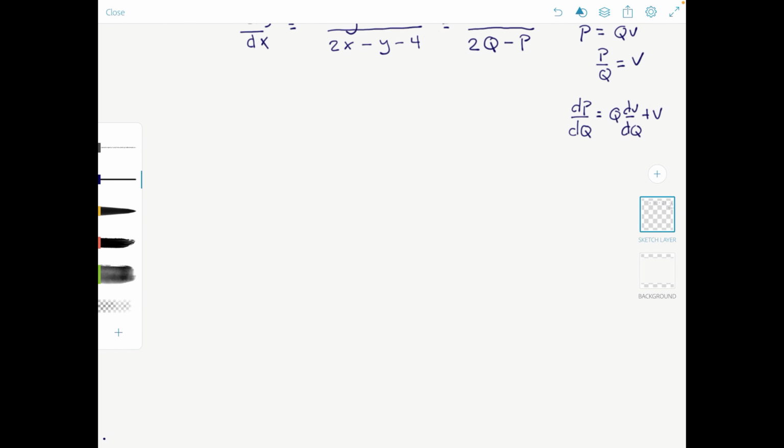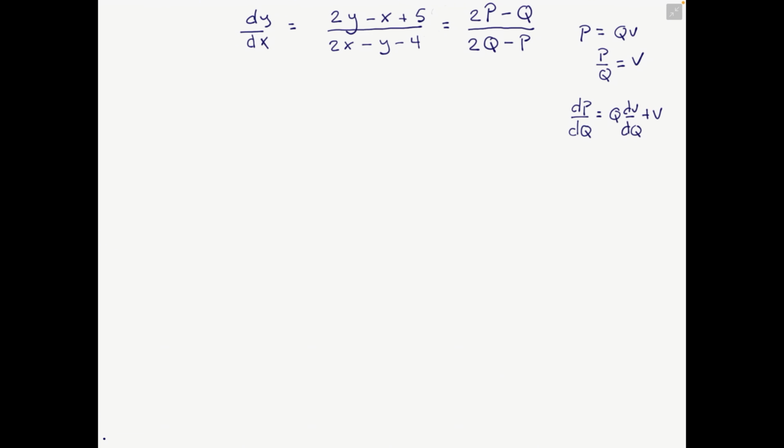So now we have to choose the values for p and q. So if the numerator 2y minus x plus 5 is equal to 2p minus q, then to isolate the x variable, we multiply the denominator by 2.